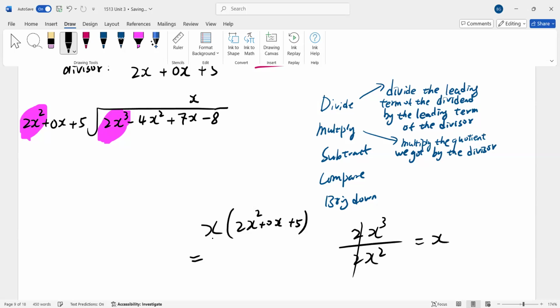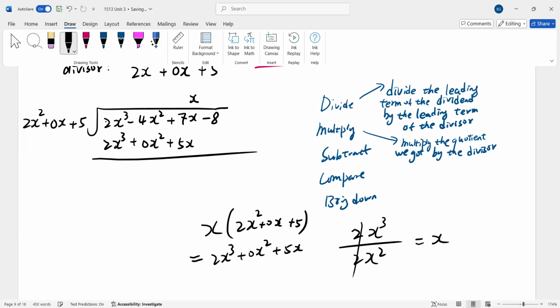And let's distribute. x times 2x squared, 2x cubed. x times 0x, 0x squared. x times 5, 5x. Once we have the multiplication, we're going to place the product, the result, under the dividend. Under the dividend, we're going to have 2x cubed plus 0x squared plus 5x. All right, just like that. And the next step, subtract.